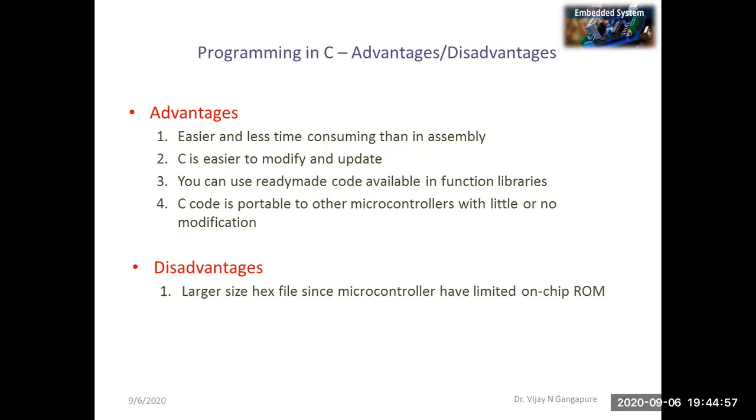There is one disadvantage of programming in C for embedded systems, and that is a larger size hex file, since microcontrollers have limited on-chip ROM. A hex file gets created when you compile your C program, that means the program gets assembled into a hex file, and compiling a C program file generates a hex file of larger size compared to the same program written in assembly language.